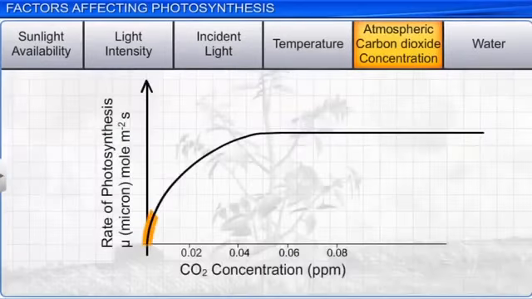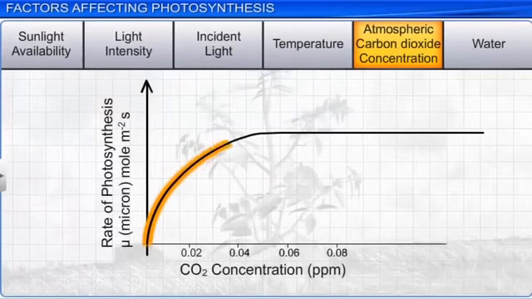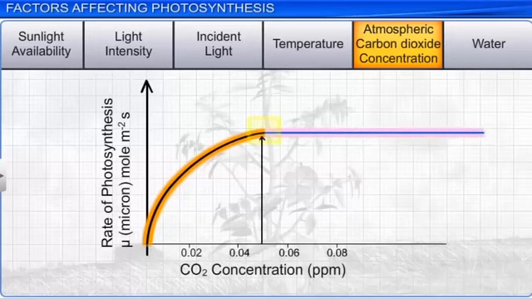Upon increasing the CO2 concentration, the photosynthetic rate also keeps increasing. However, if CO2 concentration is increased beyond 0.05%, the photosynthesis rate remains unaffected because other factors such as light intensity and water become limiting.